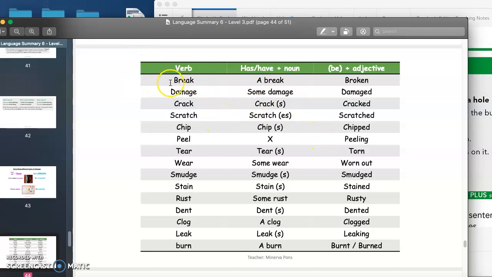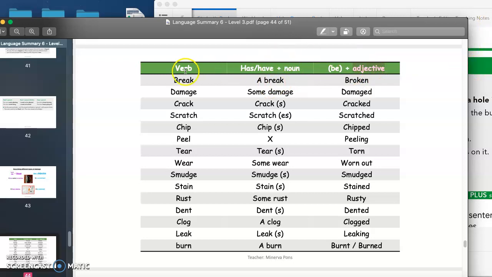Let's say that we have this verb, break. So the verb break can be used in a sentence to describe problems as a noun. And you can also use the past participle of the verb break, which is broken, as an adjective too.